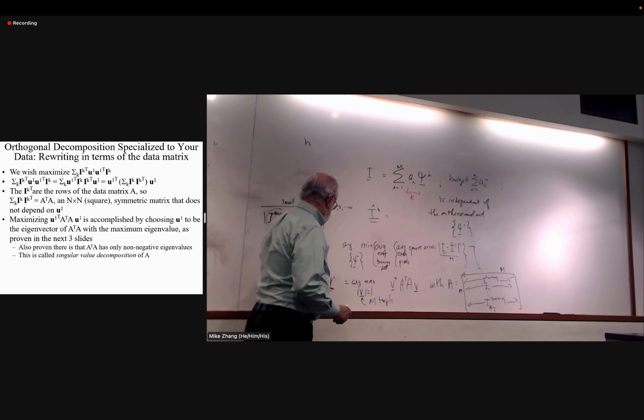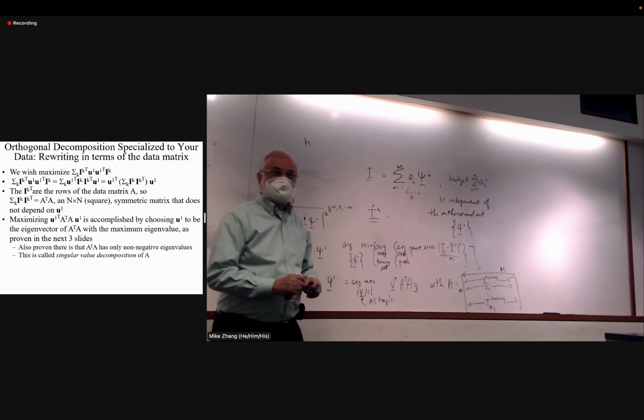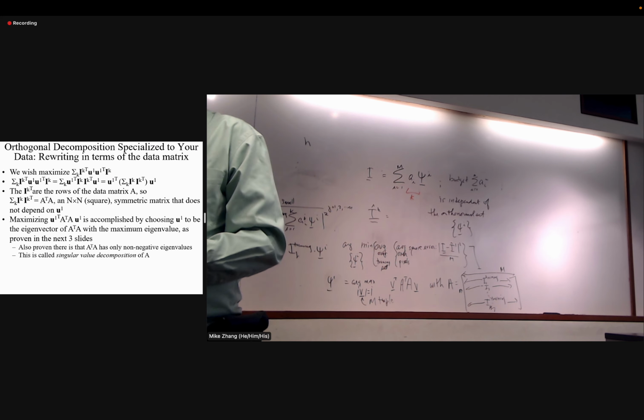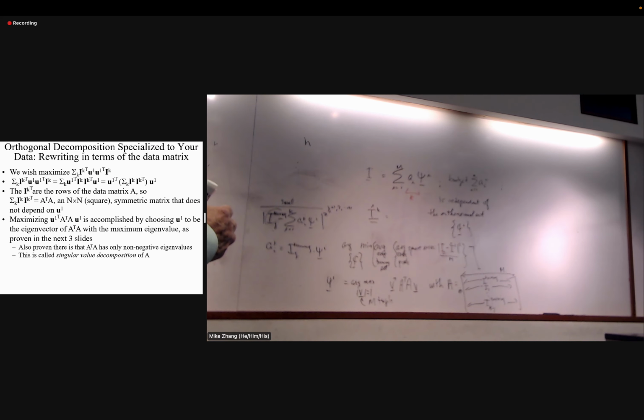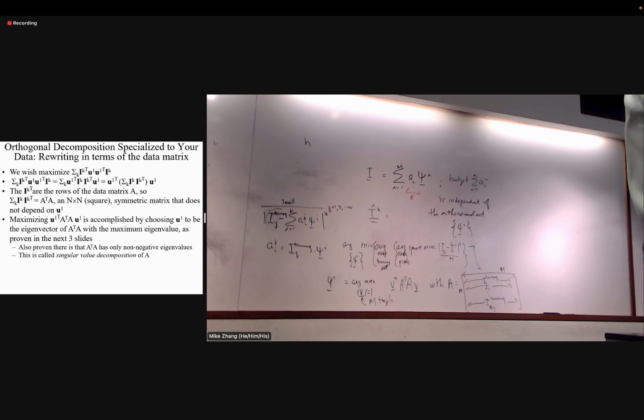And therefore, if you want to maximize it over one basis image only, so this is capital K equals 1, I just want to represent my image by a_1 psi_1. That's all.